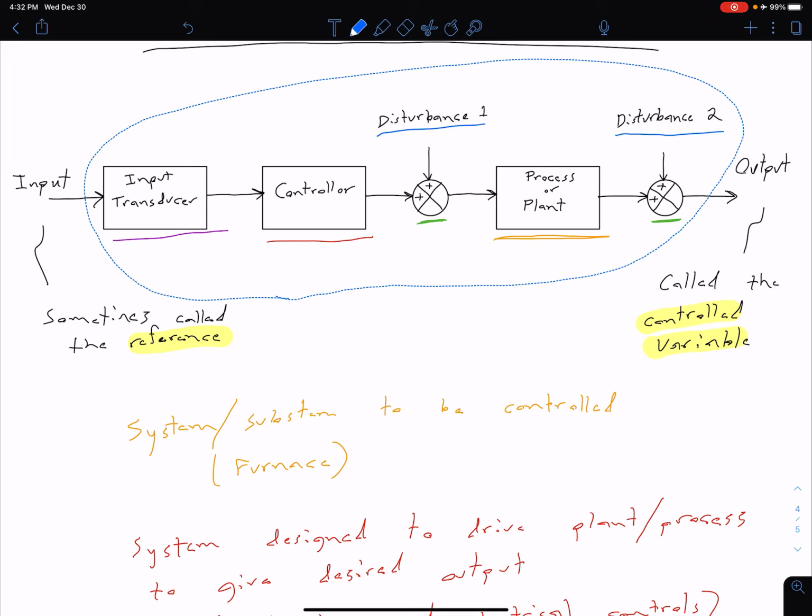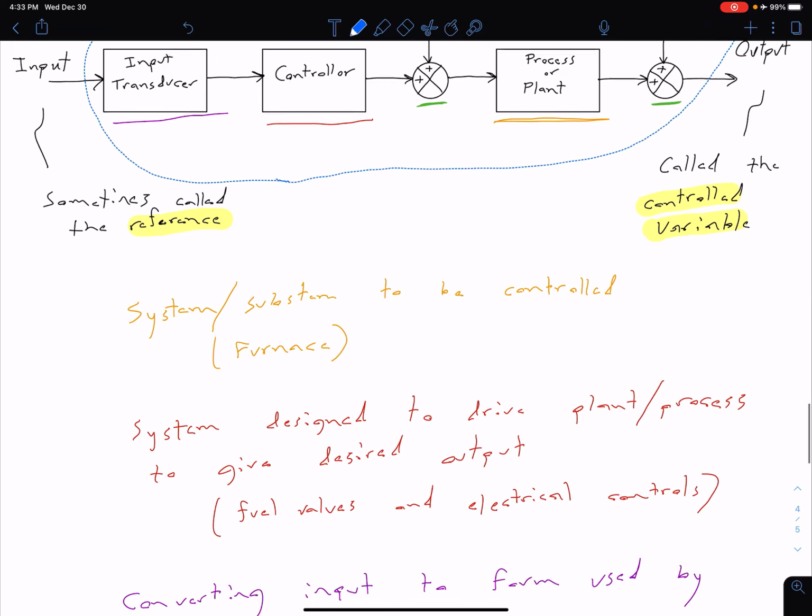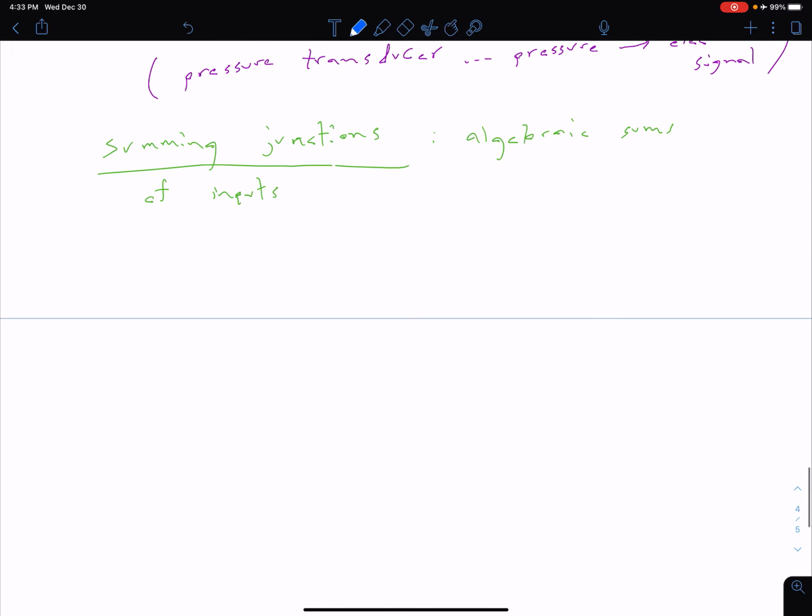In our previous video, we talked about an example: if we have a large antenna and we're trying to control its position, a big gust of wind could move it out of the desired position. That would be an example of a disturbance. Disturbances are just unexpected or uncontrolled inputs to the system.